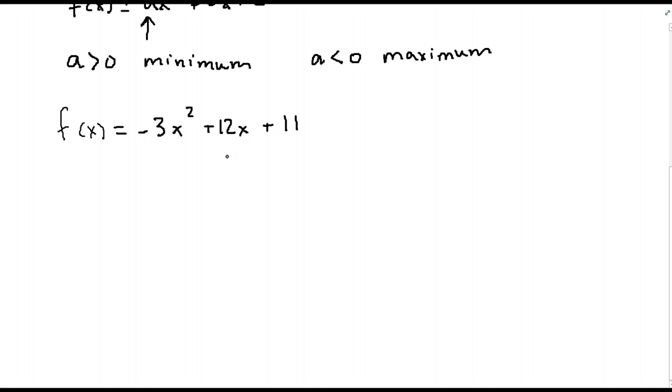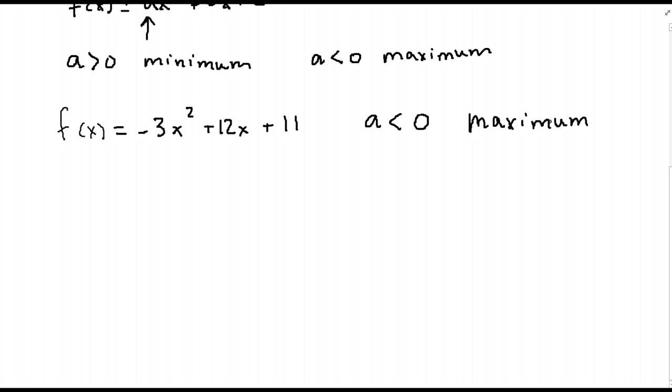The first thing we need to do is determine whether it's a minimum or maximum value. So we look at our a term. We have -3x squared, so our a is less than 0. So this is a maximum because our a value is -3. Okay, so we know this is a maximum, so we are going to have a downward opening parabola.